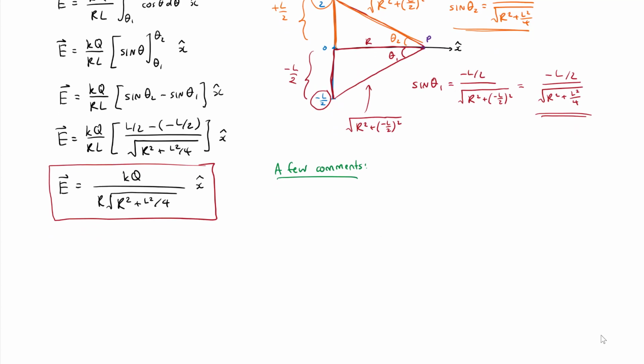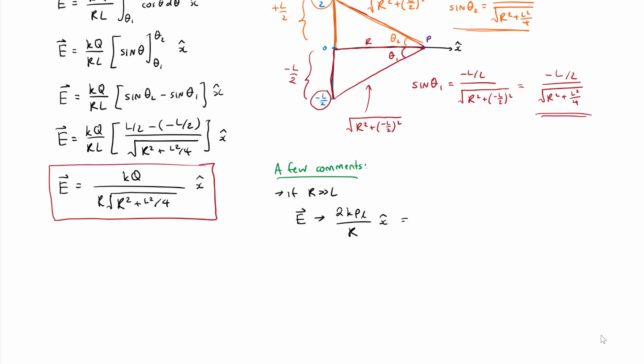So what happens if your R value is a lot larger than your L value? Basically, what this is saying is, what if your point P is really, really far away from your rod? In this case, E is going to go towards 2k rho L over R in the x direction.